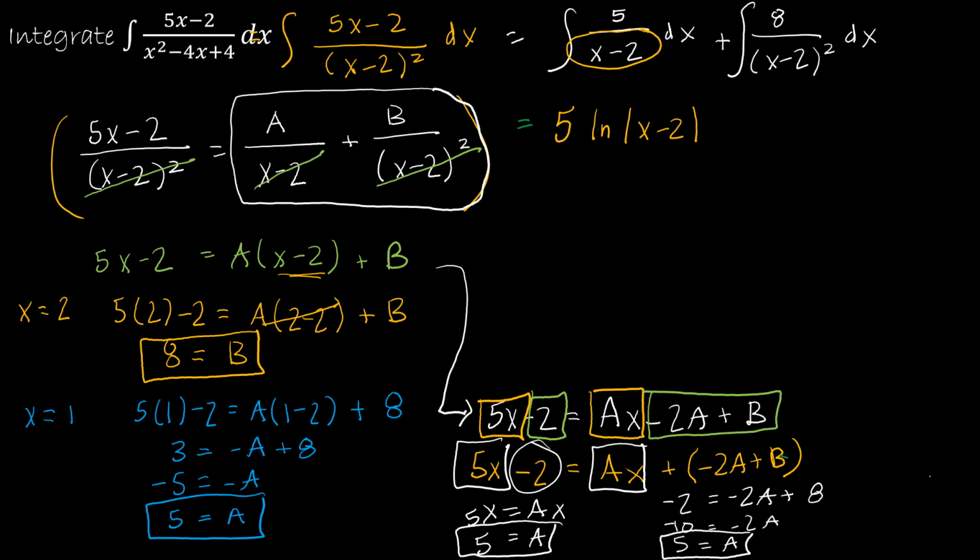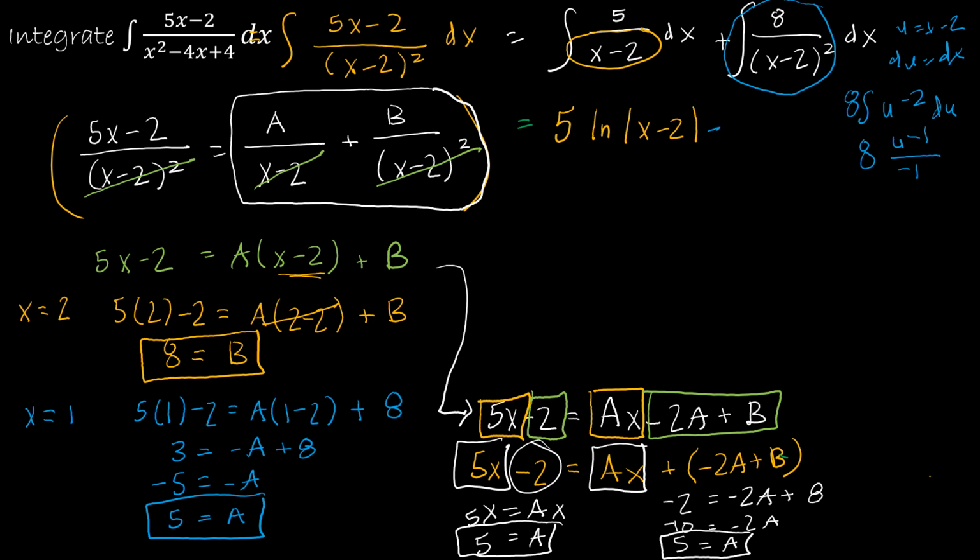For my second expression, I'm going to think about u substitution. If u is x minus 2, du is obviously just dx, then I can rewrite this guy as 8 times the integral of u to the negative 2 du. Therefore, if I integrate that, I'm going to end up with 8 times u to the negative 1 over negative 1.